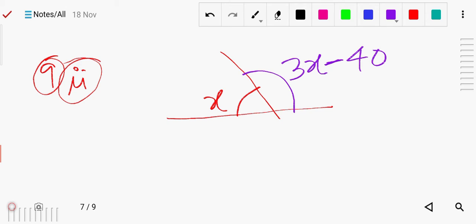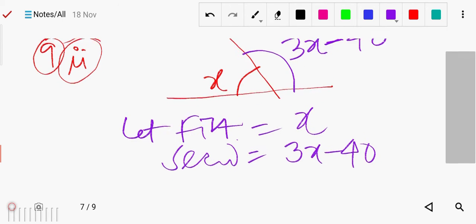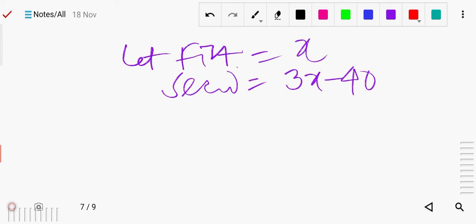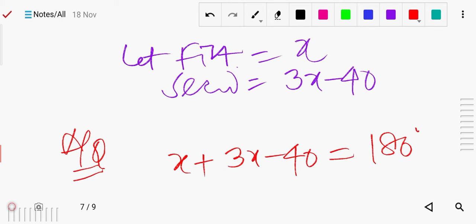So let the first angle, or small angle, be x, and the larger angle be 3x minus 40, and their sum will be 180. So write according to the question: x plus 3x minus 40 equals 180 degree.